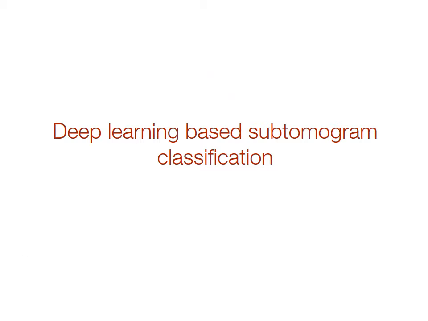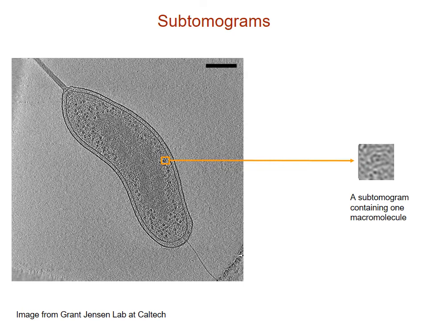Now I'm going to show you a number of methods that we recently published to support the structural pattern mining as examples. One major category of such methods deals with subtomogram classification. A subtomogram is a subvolume cropped from this big 3D tomogram, and a subtomogram likely contains one macromolecule.